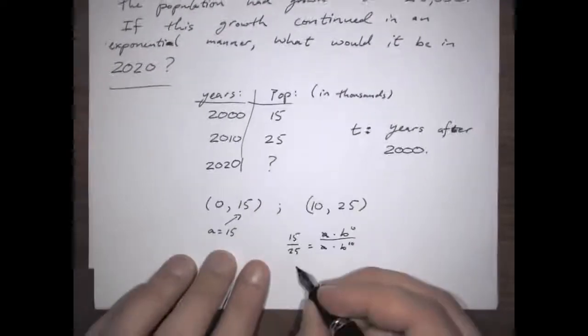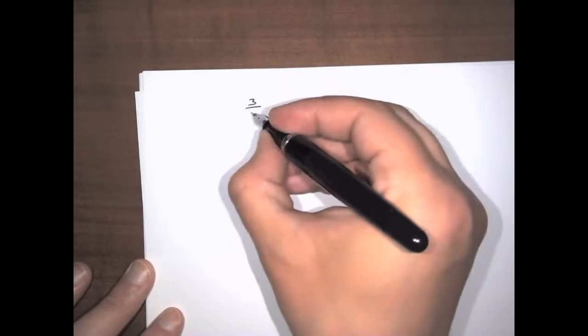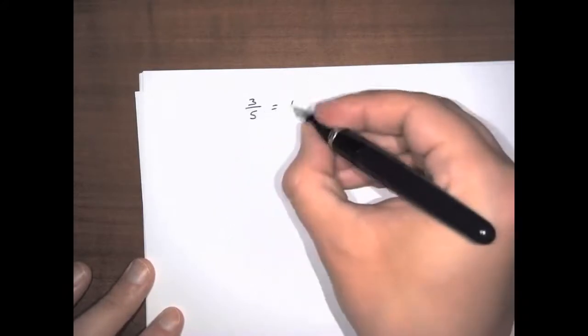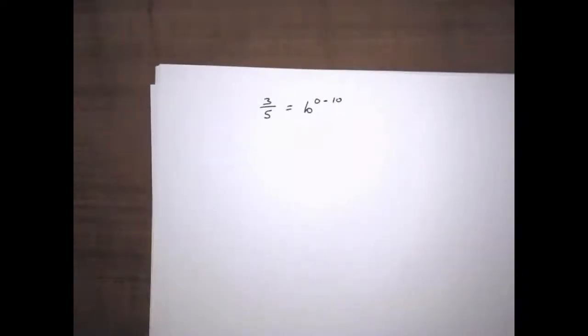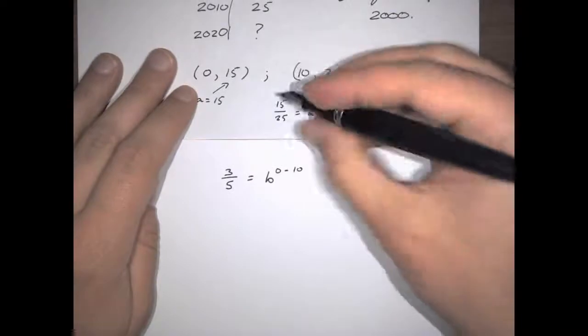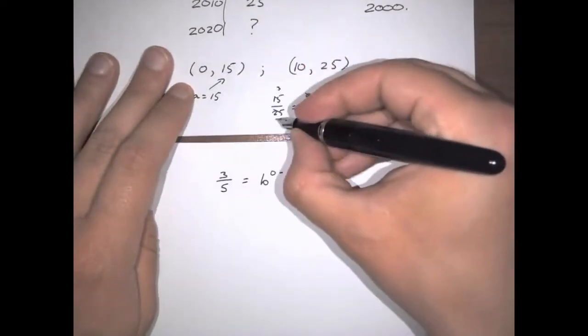And so that's going to be a common factor of 5, sorry, I mean to say, and so that's going to be 3/5 is equal to b to the 0 minus 10. Just transcribing that. So these have the common factor of 5. That's going to make a 3 and a 5.